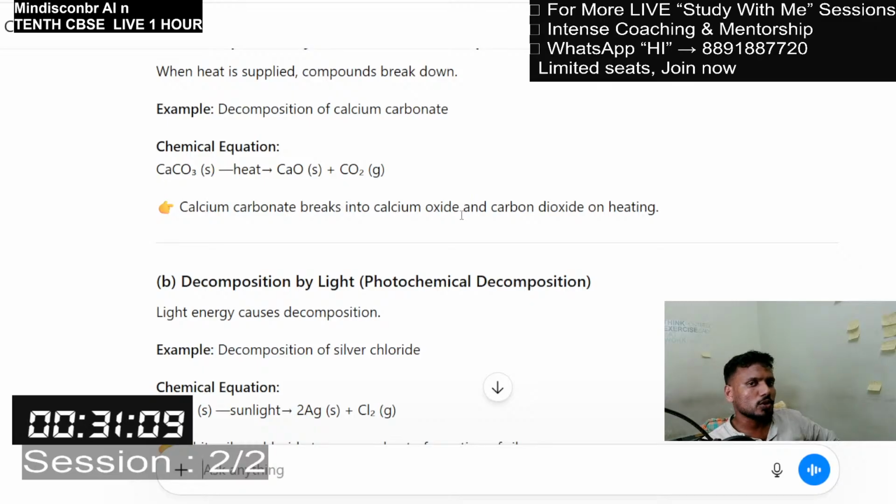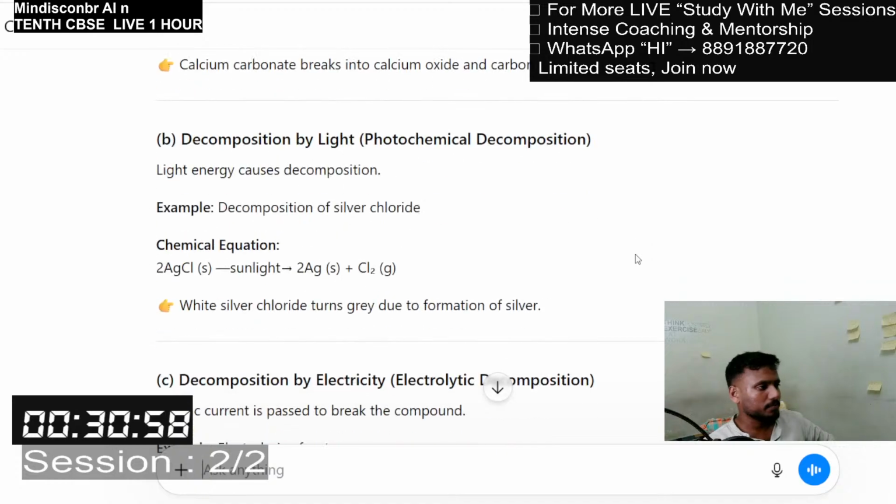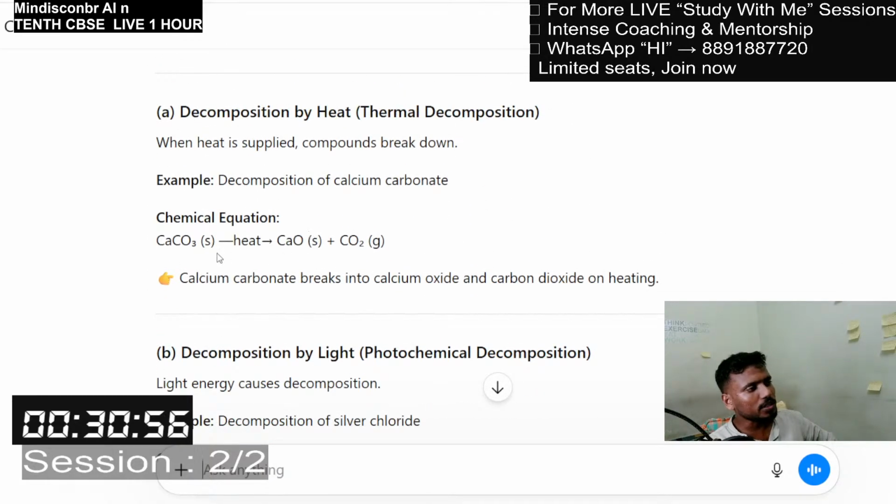Calcium oxide is also known as quicklime. Slaked lime has the chemical formula Ca(OH)2. So in this particular reaction, there is decomposition of calcium carbonate in the presence of heat, and it produces calcium oxide and carbon dioxide. It's an example of a thermal decomposition reaction.